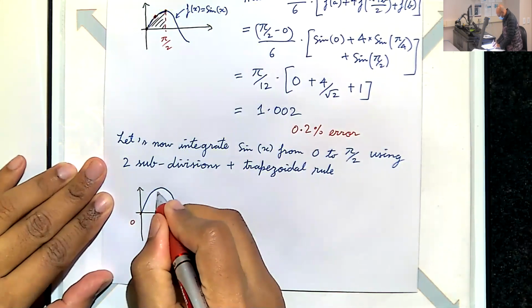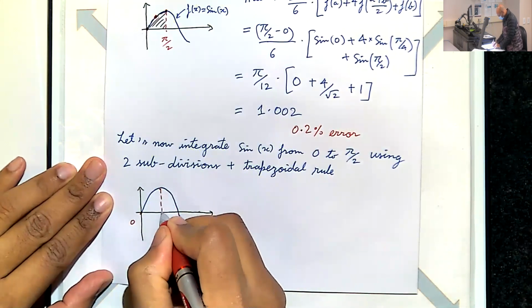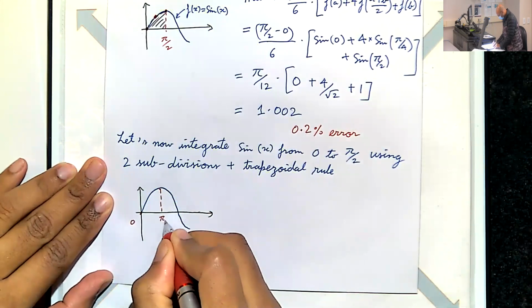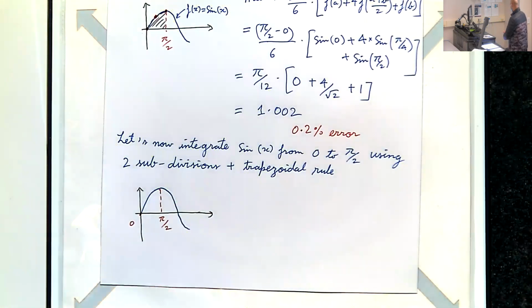Go from 0 to pi over 2. All right, what do you think we should do?